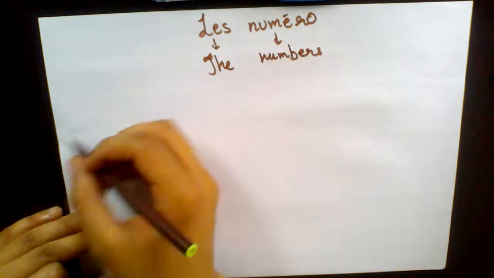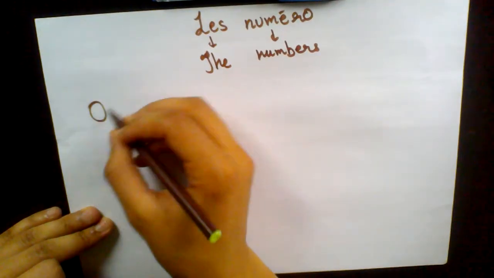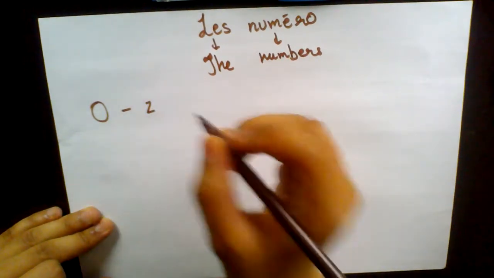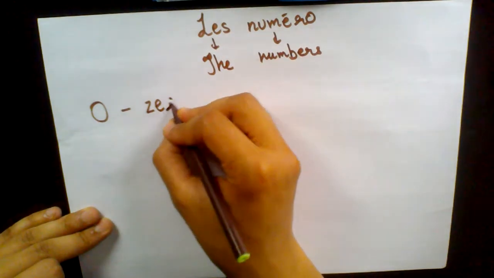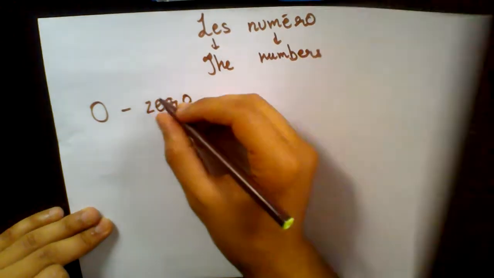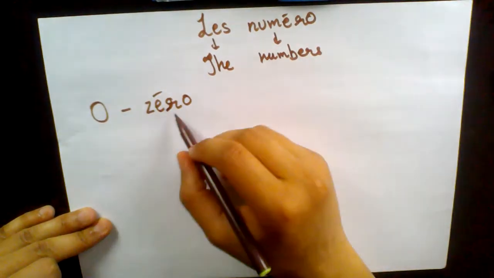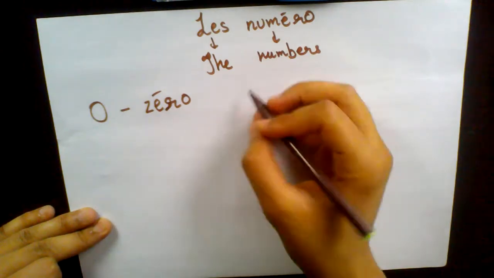So, the first number, as we know, is 0. In French, you spell it as zéro, and you pronounce it as zero. As you know, R is pronounced as R, so it is zero.